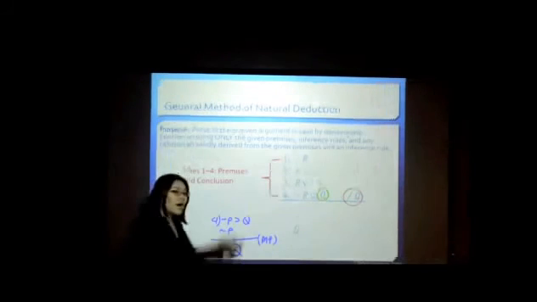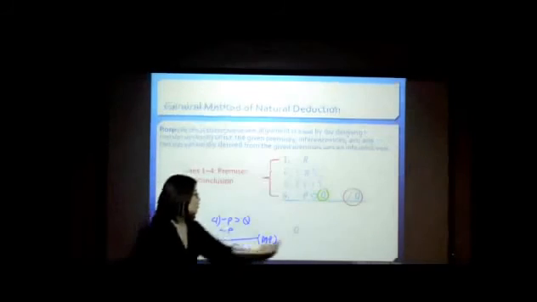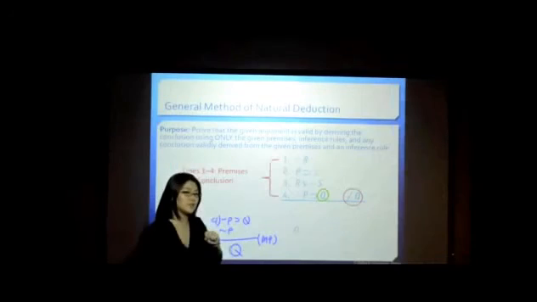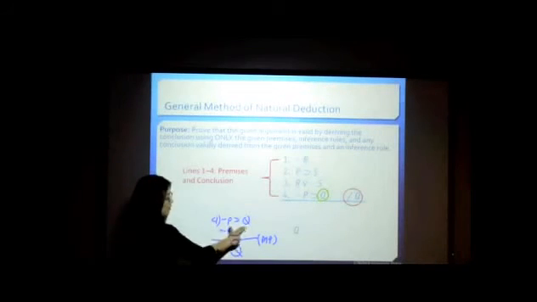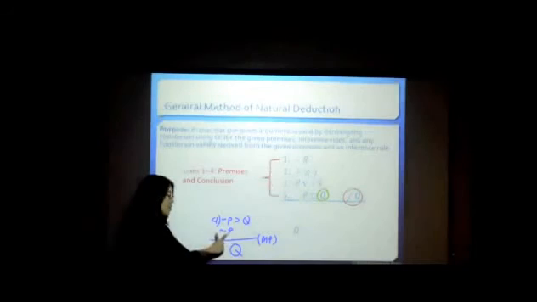However, notice that although we have this first premise here, we don't have this second one. So we're moving bottom up. We're moving from the conclusion up towards the given premises. So here we have one premise, but now we need to get this, not P, as a conclusion.